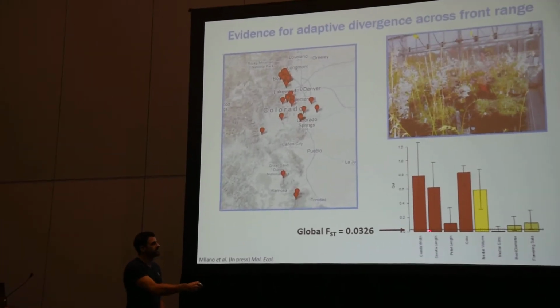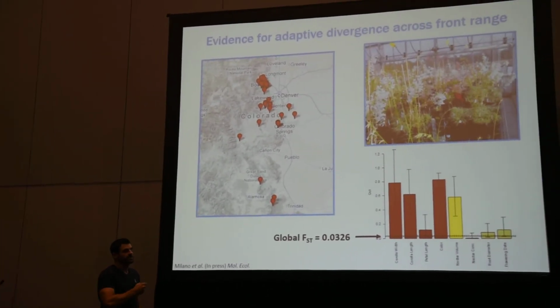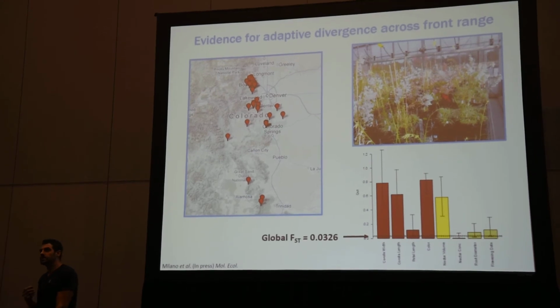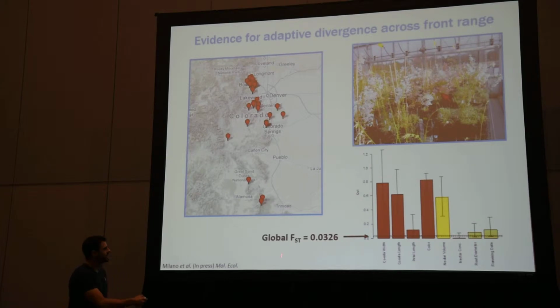What they found is that several traits exhibited elevated quantitative genetic divergence relative to neutral expectations. Normally we take this as evidence that divergent natural selection is acting or has acted on these traits. And the low overall global FST value suggests that there's a considerable amount of gene flow potentially occurring across these populations.